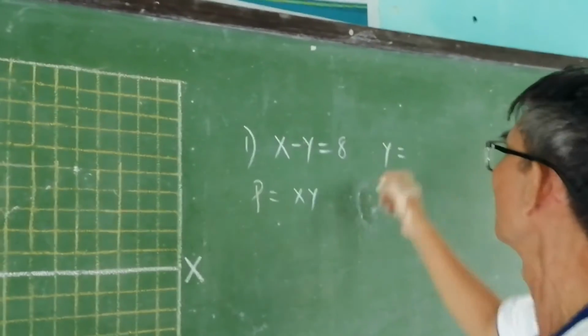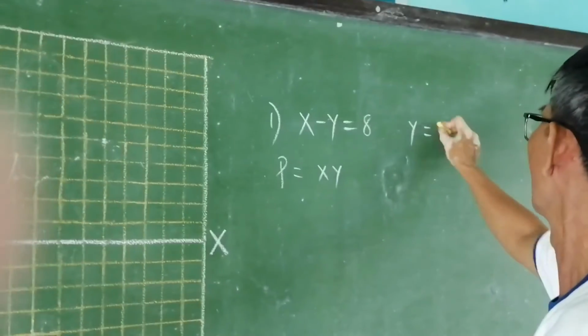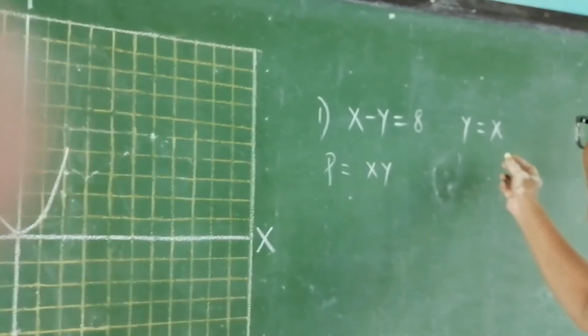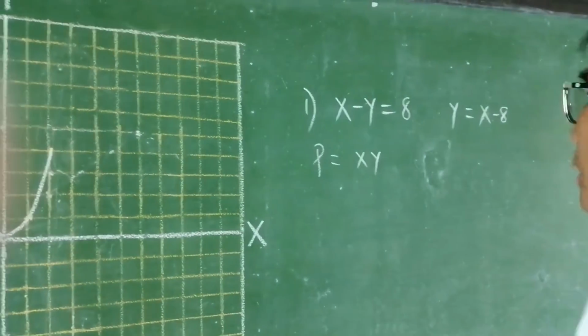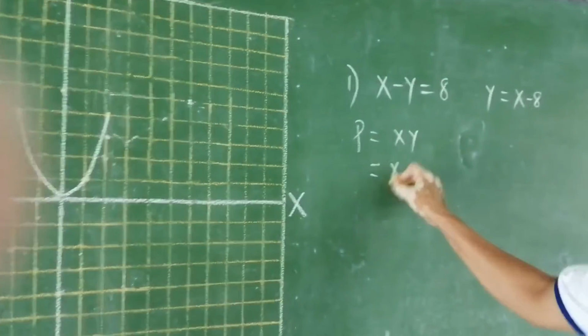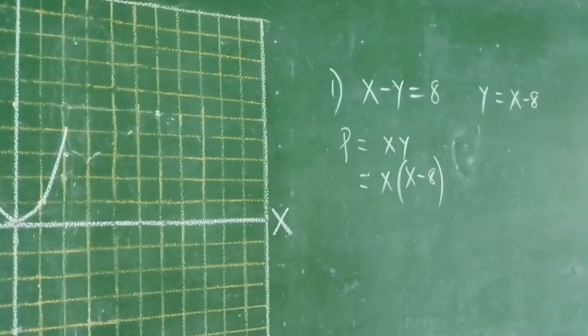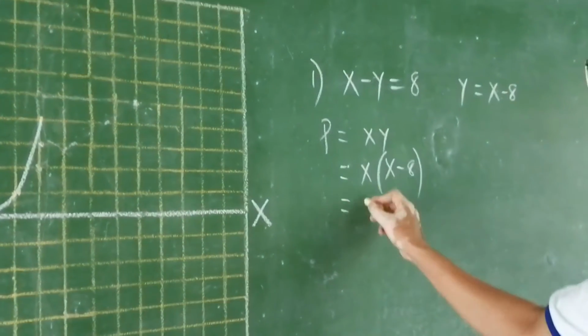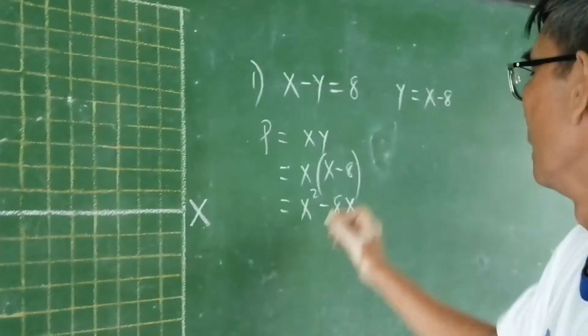So, y will be equal to, transpose, so it will be x minus 8. Okay, so that we can substitute x minus 8, and the product will be equal to x squared minus 8x.